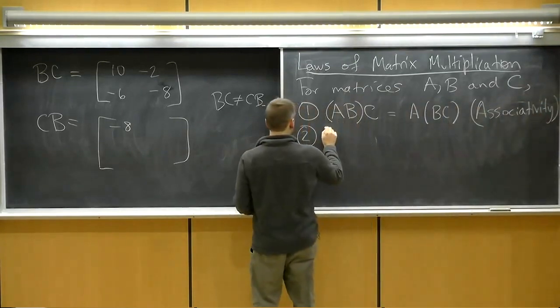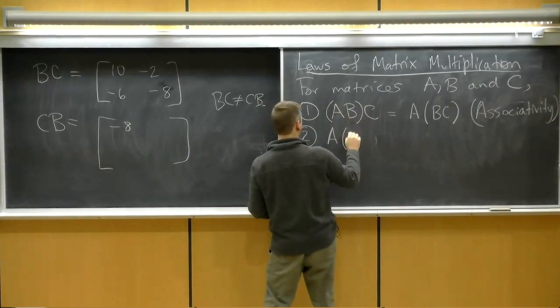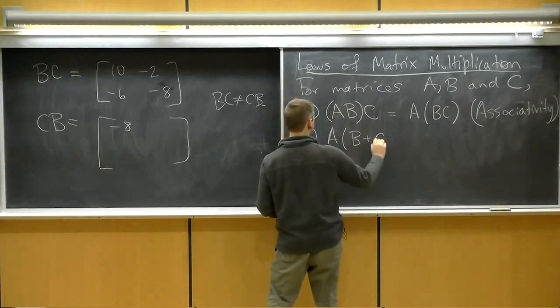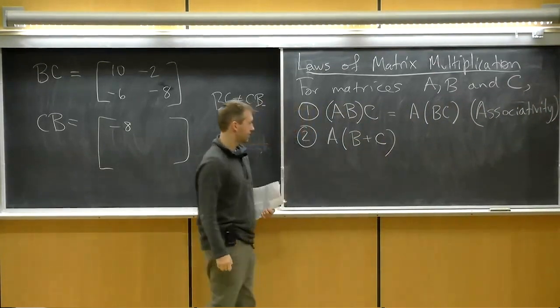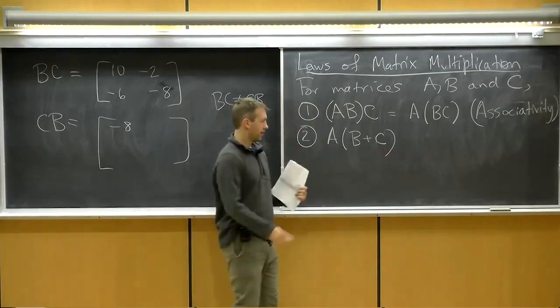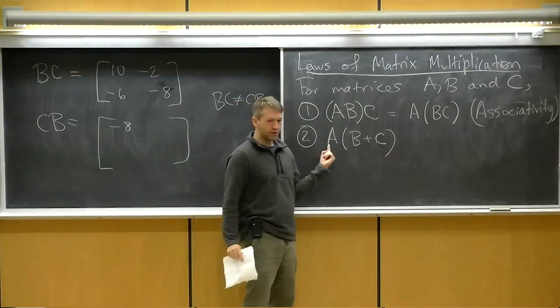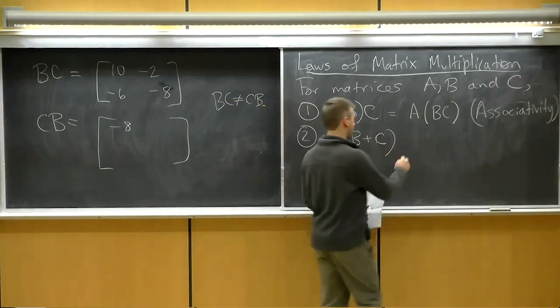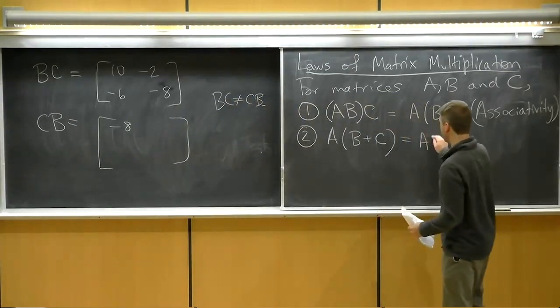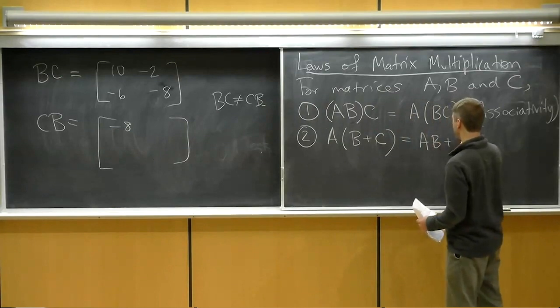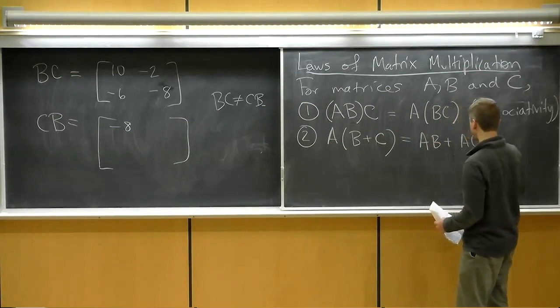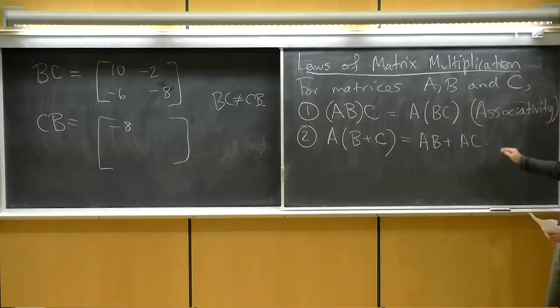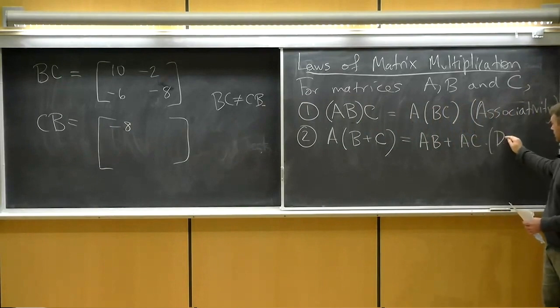Second thing is if I take A times (B plus C), then just like with numbers, I can bring this product inside. So it's the same as A times B plus A times C. This is distributivity.